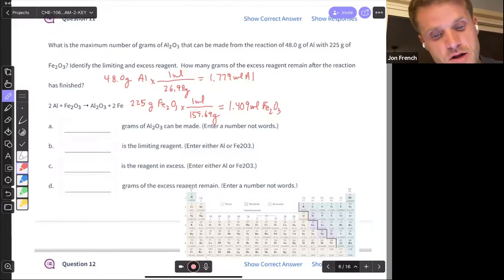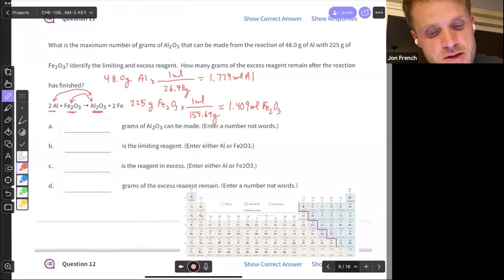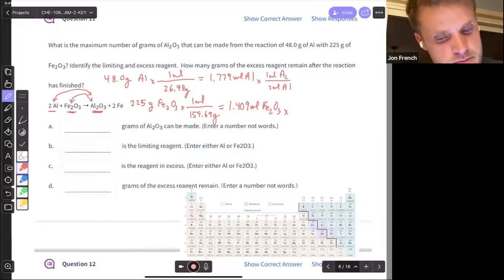All right, so we're going to convert both of these, moles of aluminum and moles of iron oxide, into moles of aluminum oxide. We can see that this is a 1-to-1 ratio, whereas this is a 2-to-1 ratio, so we actually need twice as much aluminum. So probably our aluminum is going to be the limiting reagent. 2 moles of aluminum make 1 mole of aluminum oxide.